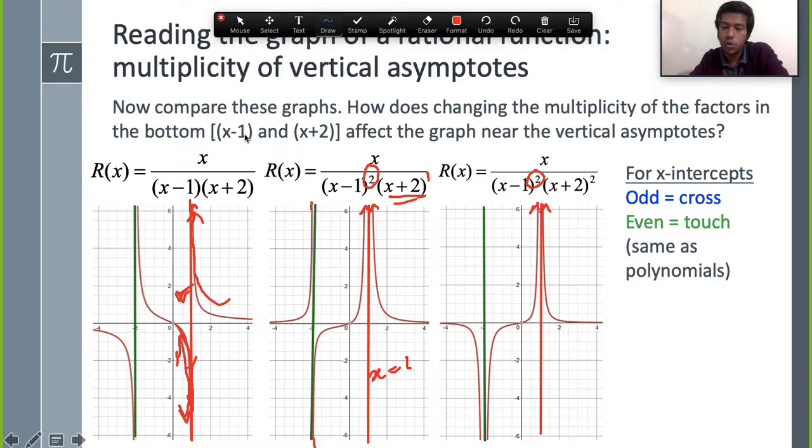Okay, so we will look at the vertical asymptote part. If we see both sides of the graph going in the same direction, then power must be an even number. If they are going in the opposite direction, this is going up, this is going down, just one line on one side up and one down, then it must be an odd number.